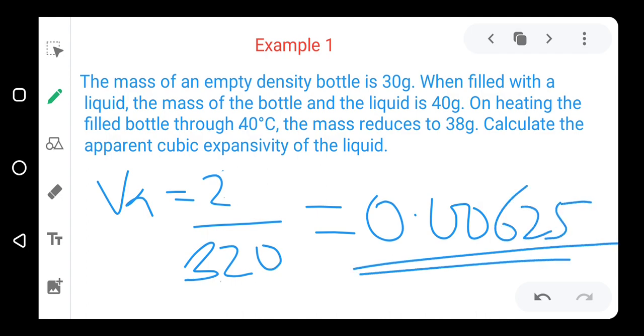So this is the answer. The apparent cubic expansivity of the vessel is 0.00625. Now let's look at another example.